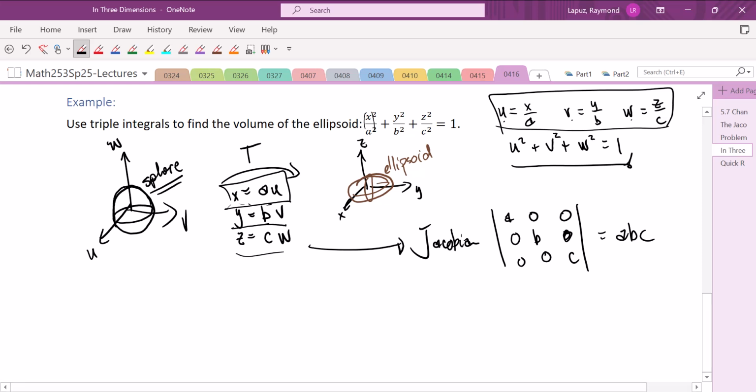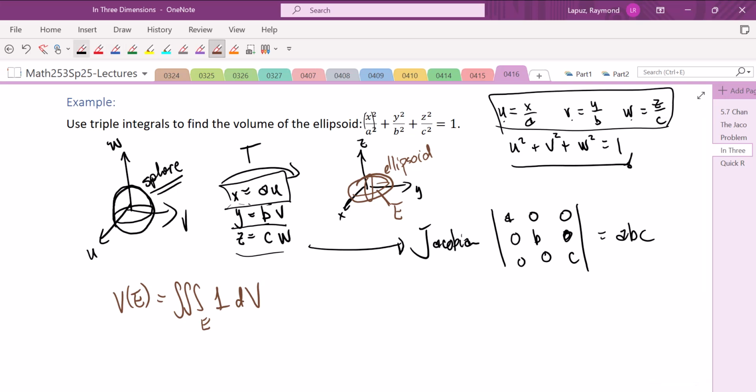Now, if we call this E, the volume of E is what we're looking for. And if you remember, it's a triple integral over E of 1 dV. But now with this transformation, with the change of variable, let's call this E star.